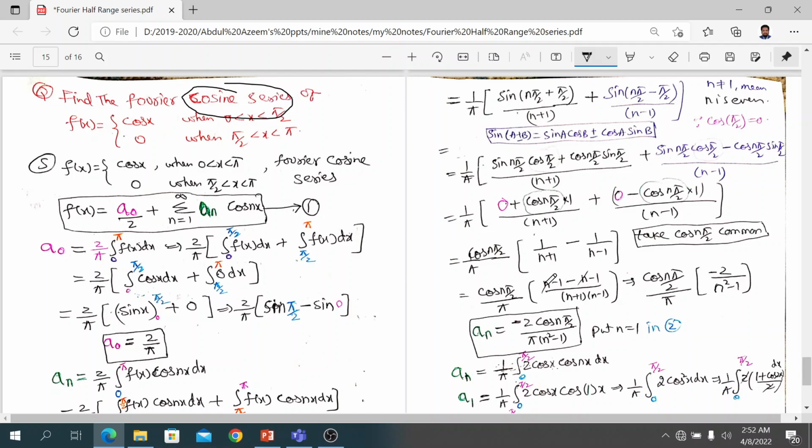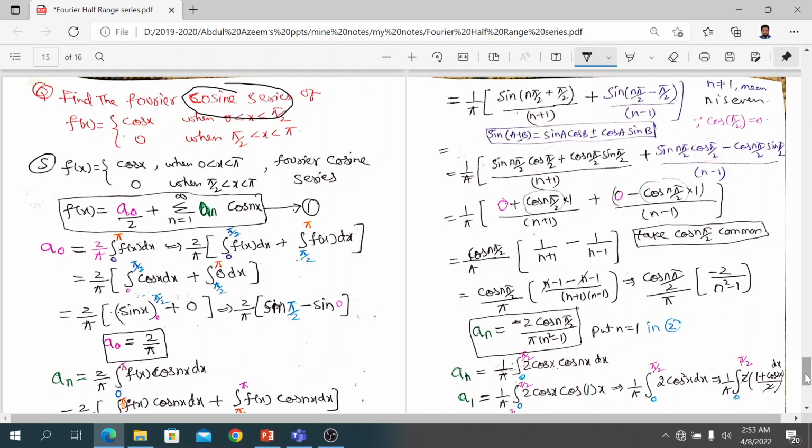So n cancels, minus 1 minus 1 gives minus 2 by n square minus 1. See here, the an value will be minus 2 cos n pi by 2 over pi into n square minus 1.